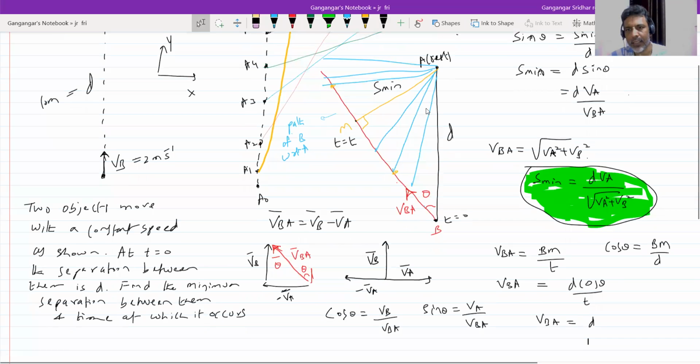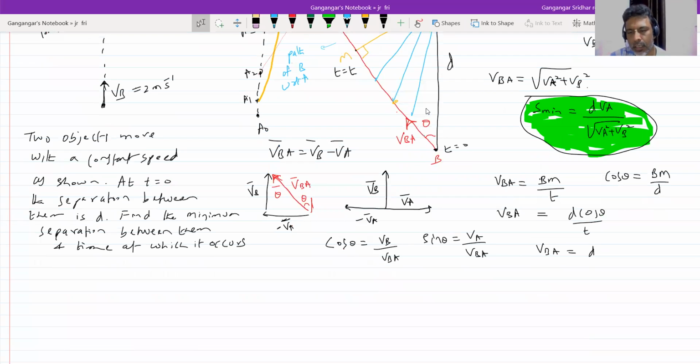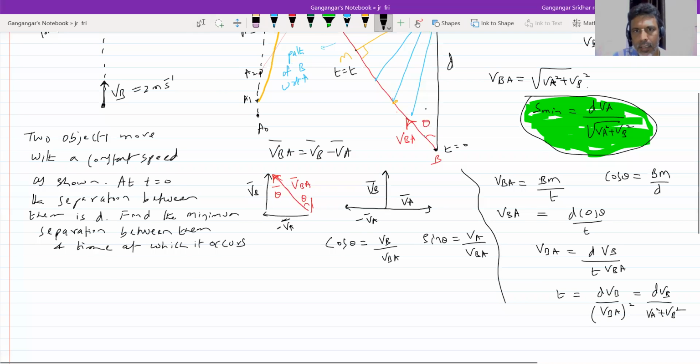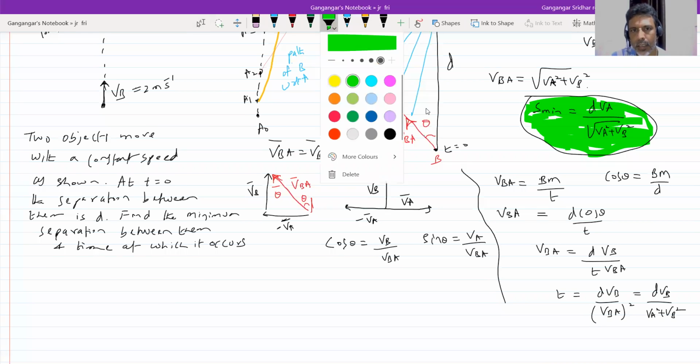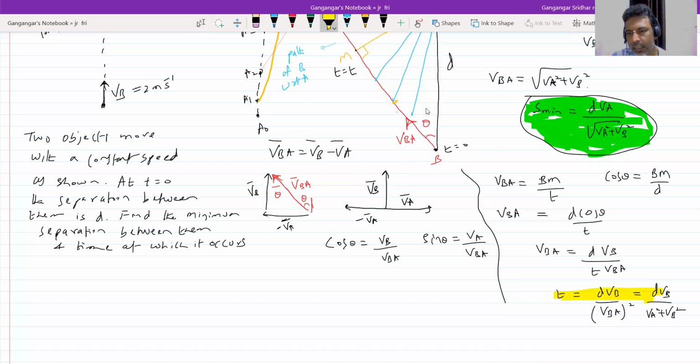I'll further slide. Cos theta, you can write it as VB by... the minimum time. The time at which the separation will be minimum.